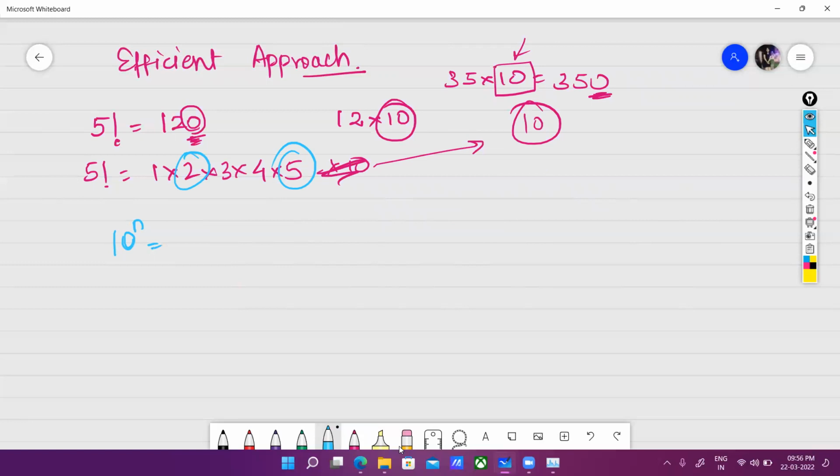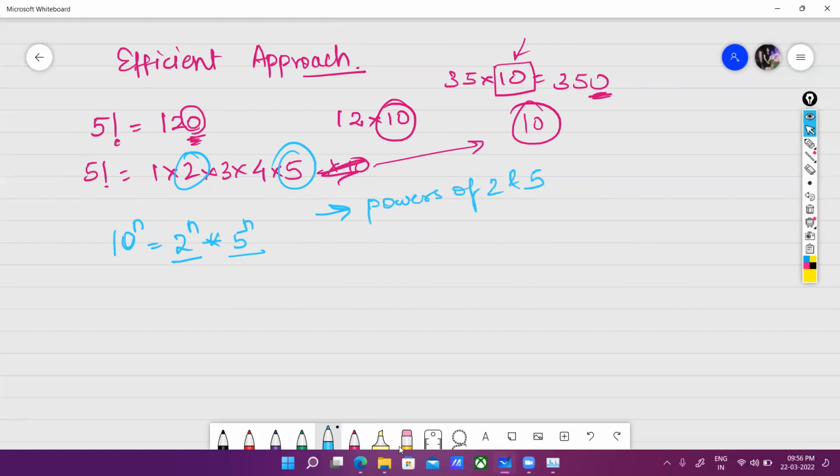For 10 powers, we are actually dealing with the powers of 2 and 5. Only these two numbers can bring about 10. And our mission is to find those powers of 2 and 5.